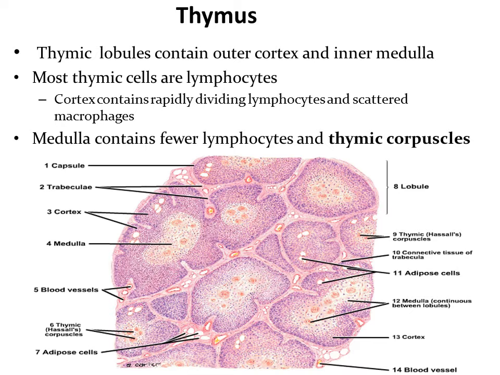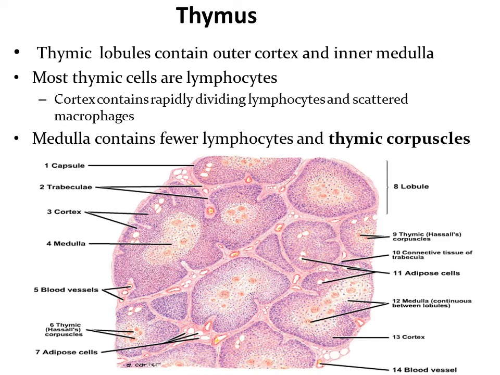Most thymic cells are lymphocytes. The cortex contains rapidly dividing lymphocytes and scattered macrophages. The medulla contains fewer lymphocytes and thymic corpuscles, which are the identification point of the thymus.